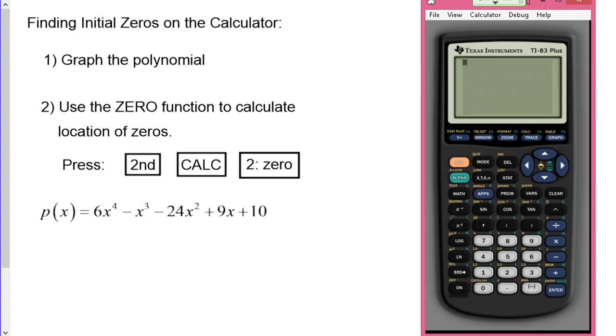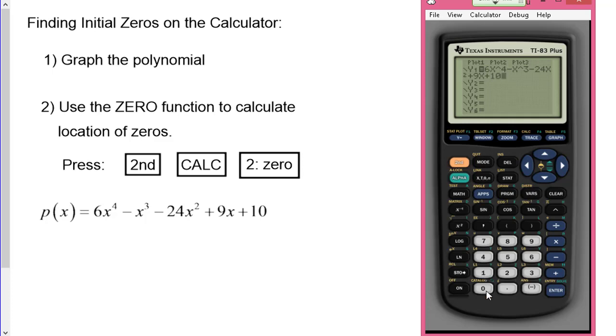All right, so I'm going to graph my polynomial. So it's 6x raised to the 4th power minus x raised to the 3rd power minus 24x squared, or you could do caret with a 2, either way, plus 9x plus 10.